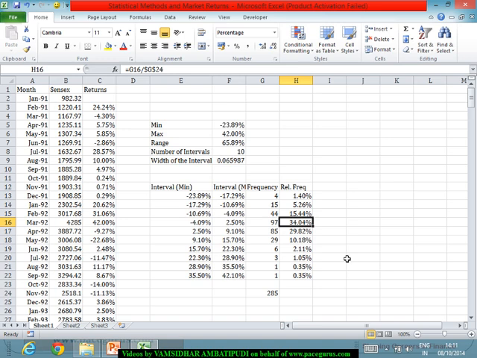So almost in 34% of the total months, or probably 97 months out of 285 months, the monthly return has been between -4% to +2%. And between 2 and 9%, almost 85%, that's next in the list.